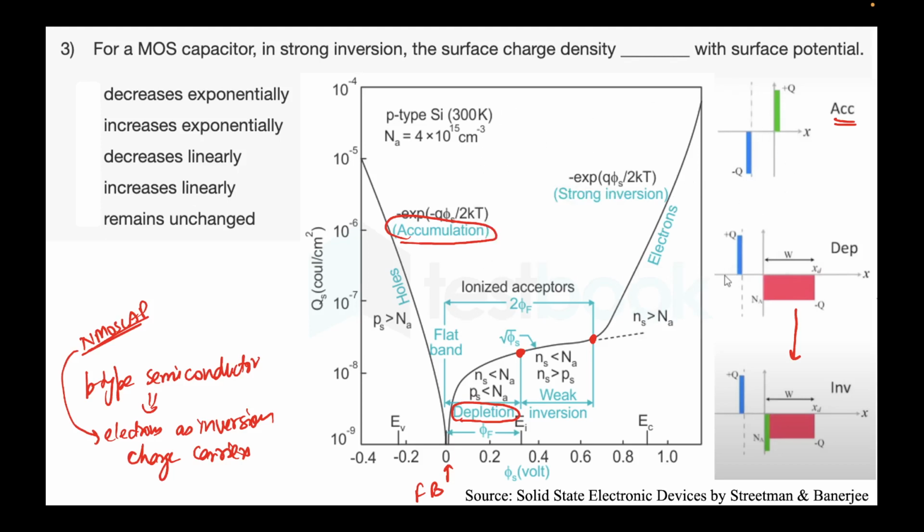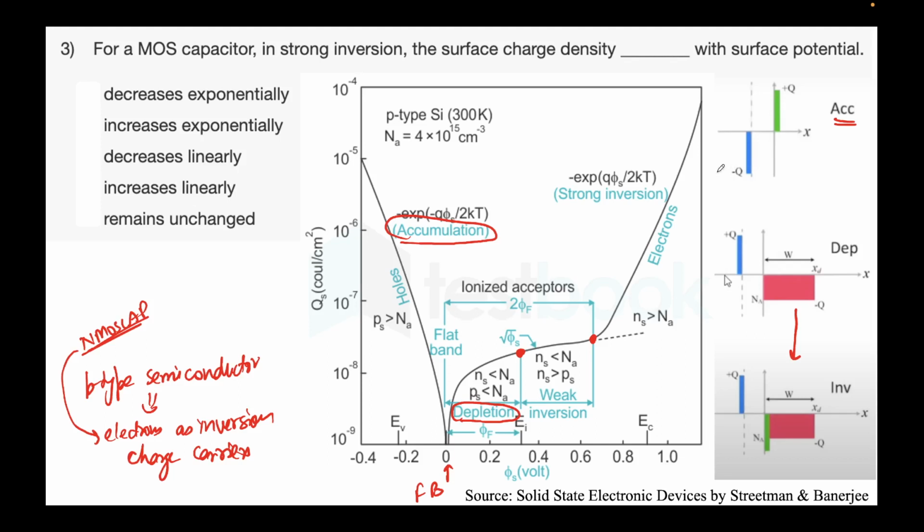Here it's not. Why is it not? Because if you recall, the depletion width goes as, if I recall correctly, the square root of built-in potential and all that. So those concepts are still invoked here. We are not going into details, but those are still present when we talk about the depletion region. But the key region of interest is the strong inversion, because something unique is happening here.